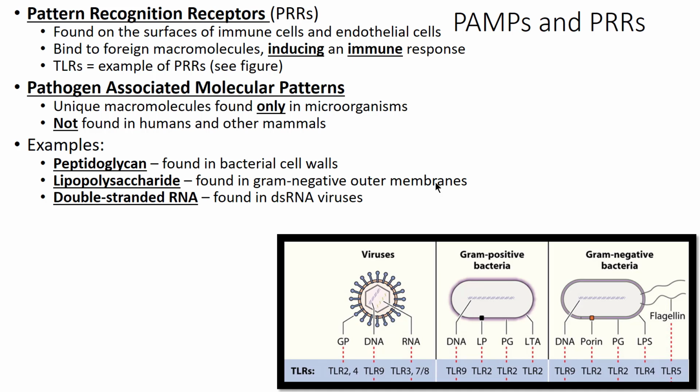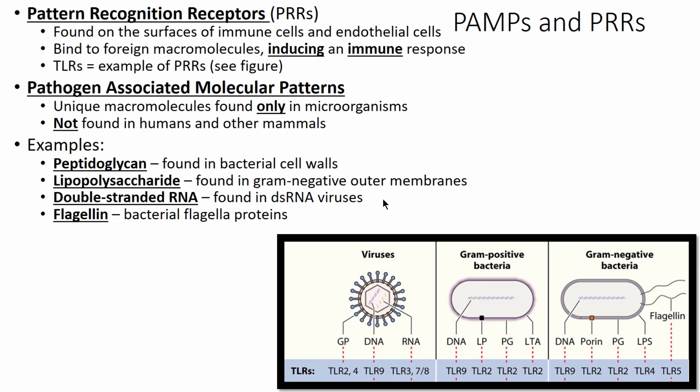RNA in living organisms, both prokaryotic and eukaryotic, is only single-stranded. The only time you ever see double-stranded RNA is in a specific type of RNA virus, the dsRNA viruses, which stands for double-stranded RNA viruses. So that's the only place that you find double-stranded RNA. The body immediately recognizes that as the unique aspect of a virus.